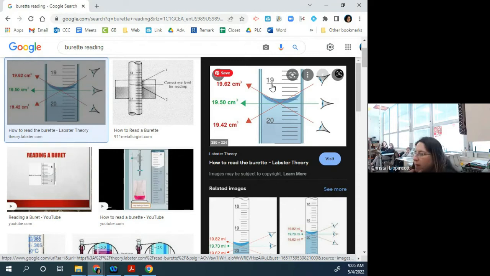So it counts up as you go down. So for example here, if I wanted to know where the meniscus was for this, this would be 19, 19.1, 19.2, 19.3, 19.4, 19.5, and then if it's right on the line, it's going to be 19.50. So you go to the 100th place with these burettes.